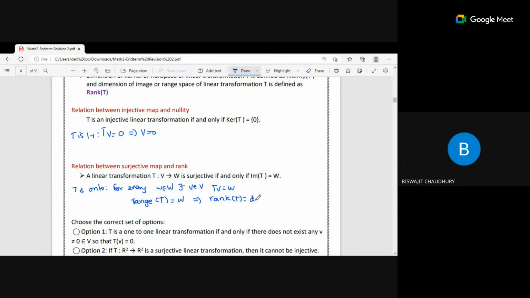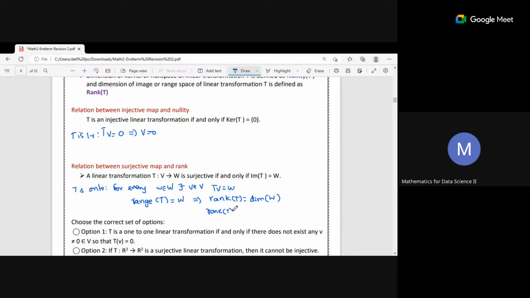Dimension of W. Dimension of W. So rank of T is dimension of W, both having the same dimension. So here range of T is equal to W, so rank of T is equal to dimension of W. Now using the rank-nullity theorem, what can you say?